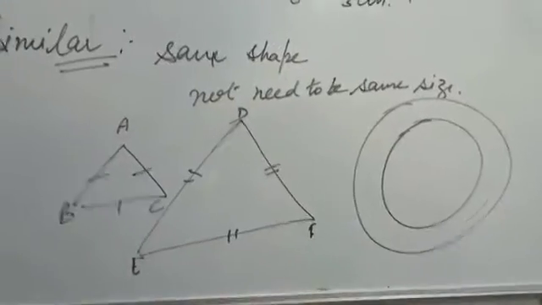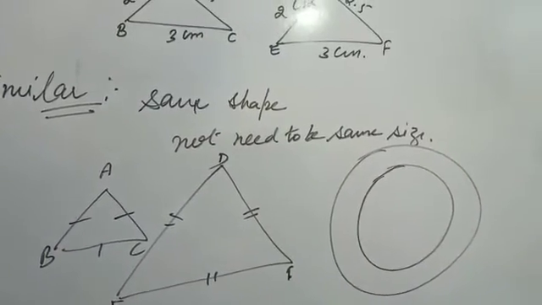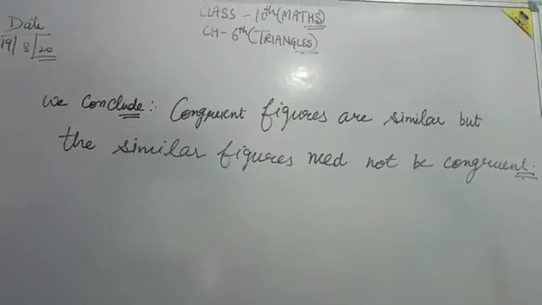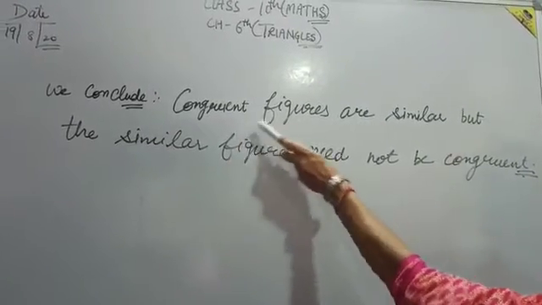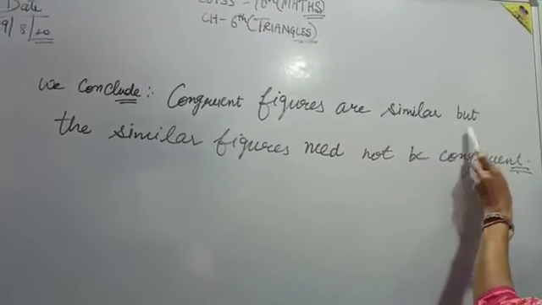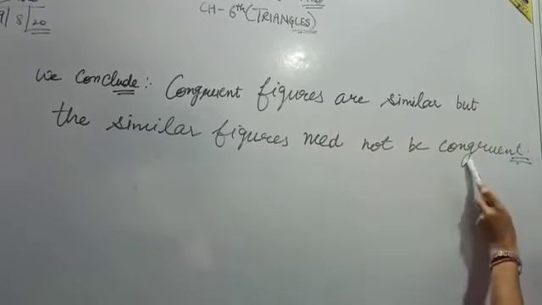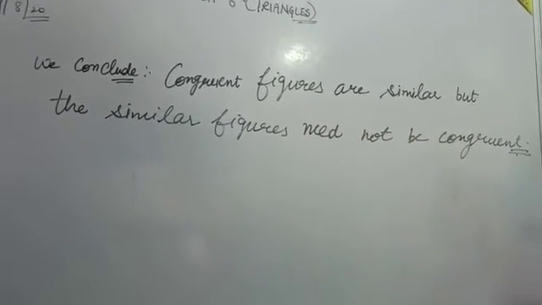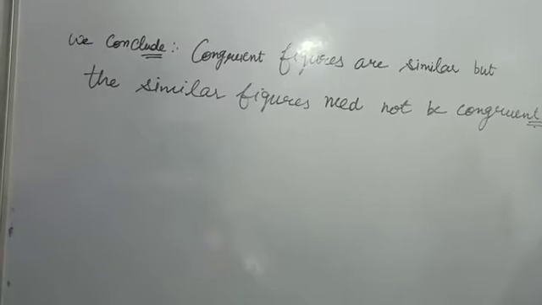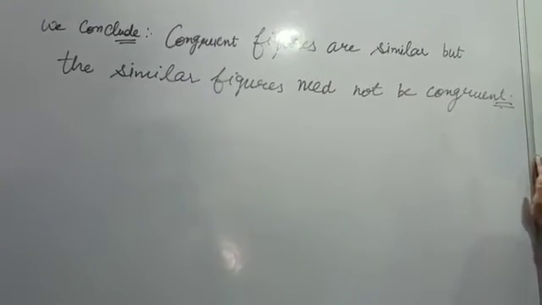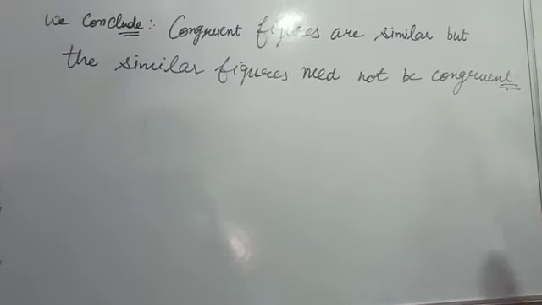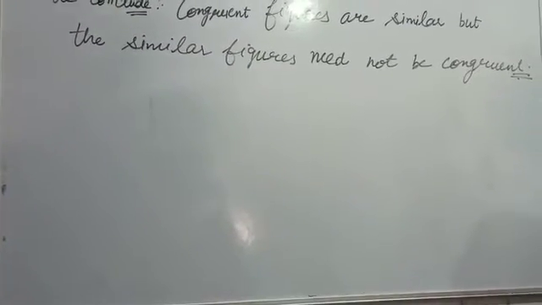So we can conclude here about congruency and similarity. Congruent figures are similar, but similar figures need not be congruent because they are not of the same size. Here we will discuss the similarity of figures more.